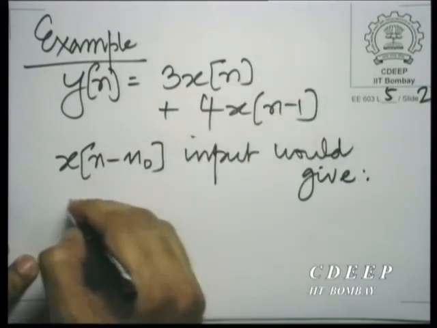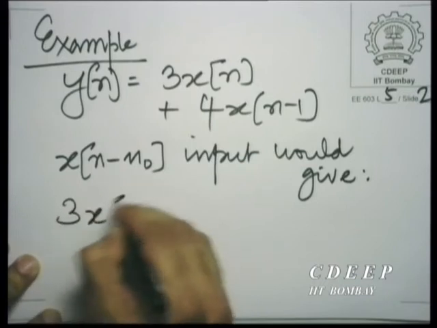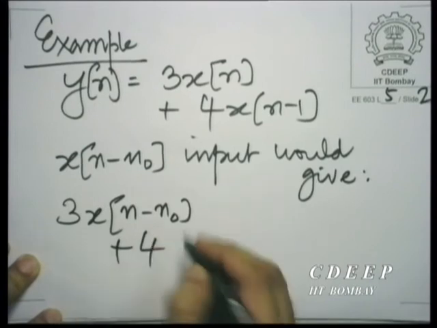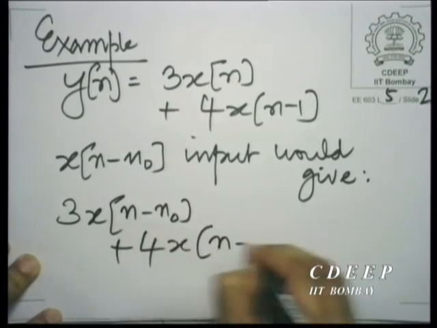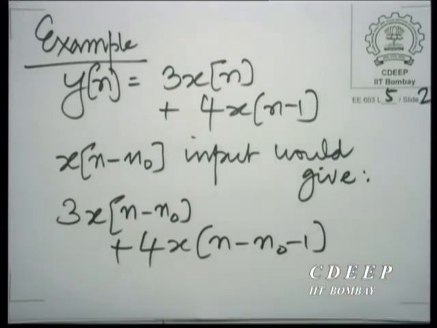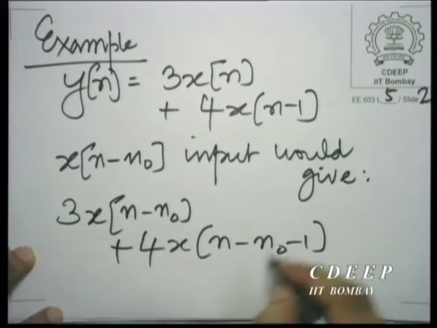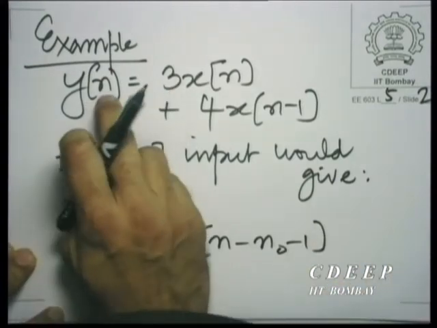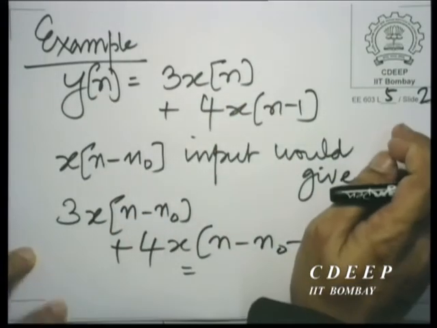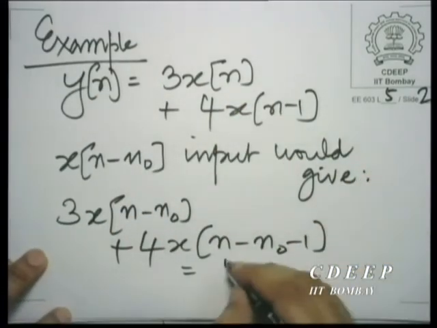So, the output would be 3 times x of n minus n 0 as expected plus 4 times x of, now replace n by n minus n 0 minus 1. That is easy. And of course, it is very easy to say that this is equal to y of n minus n 0. You see, because when you replace n by n minus n 0 here, you get exactly the same expression. This is y of n minus n 0.